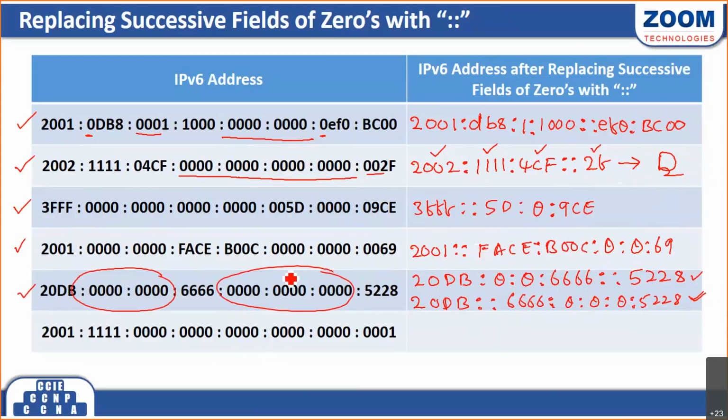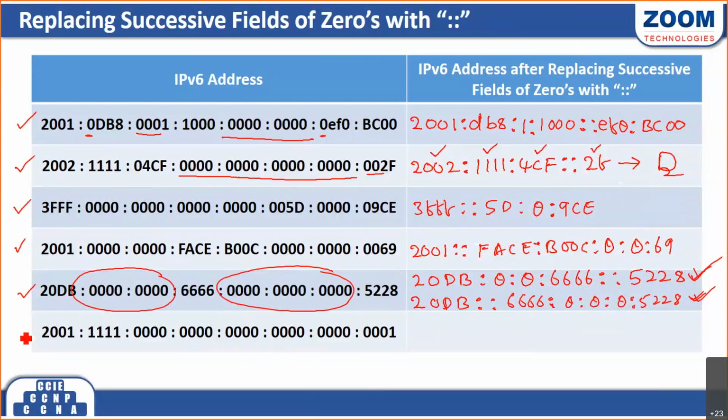But the simplification of an IPv6 address is important here. The first one is recommended. Is it clear? Yes, sir.